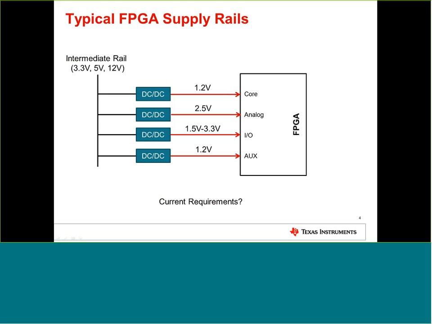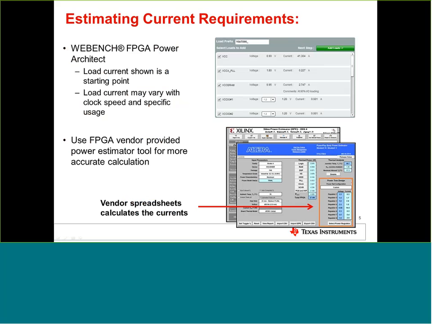So our next question is, at the beginning of an FPGA design, what are the current requirements? For this we can have a look at the next slide. This is mainly dependent on the FPGA itself, as well as on the system or on a specific usage which is running on the FPGA.